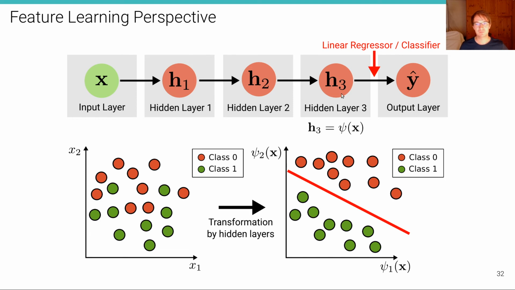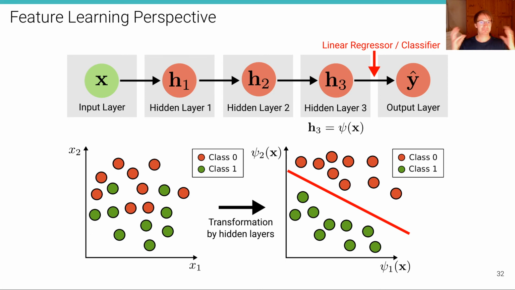So, in an ideal situation, we would transform all these data points through these layers such that in this hidden layer 3, we get a representation that is linearly separable, and where class 0 and class 1 can simply be separated by this final linear logistic output head. And here you see an exemplary decision boundary in red.